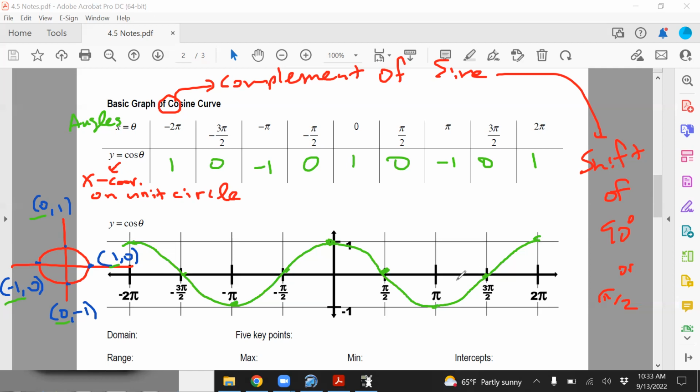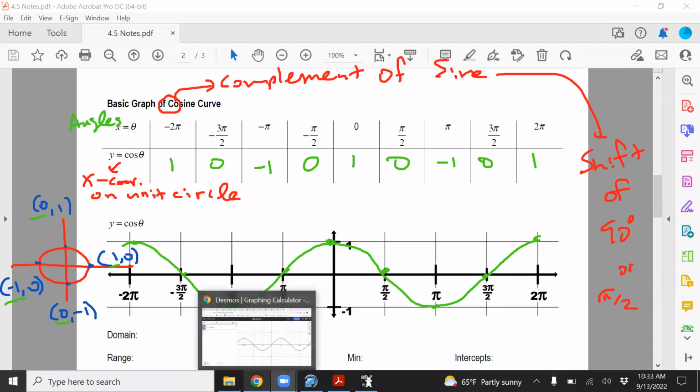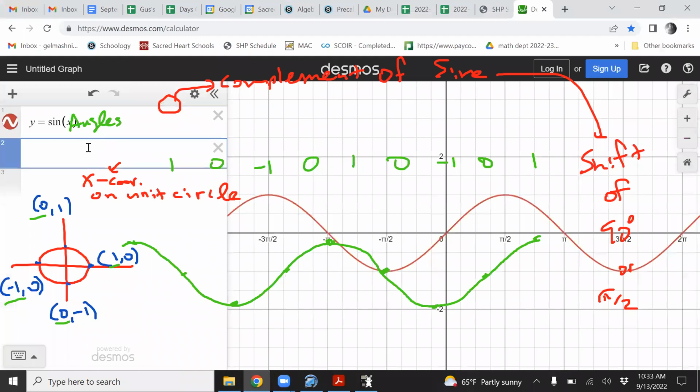So yeah, same kind of thing. It's just shifted, right? So sine, if I go to Desmos again, is very similar to cosine.